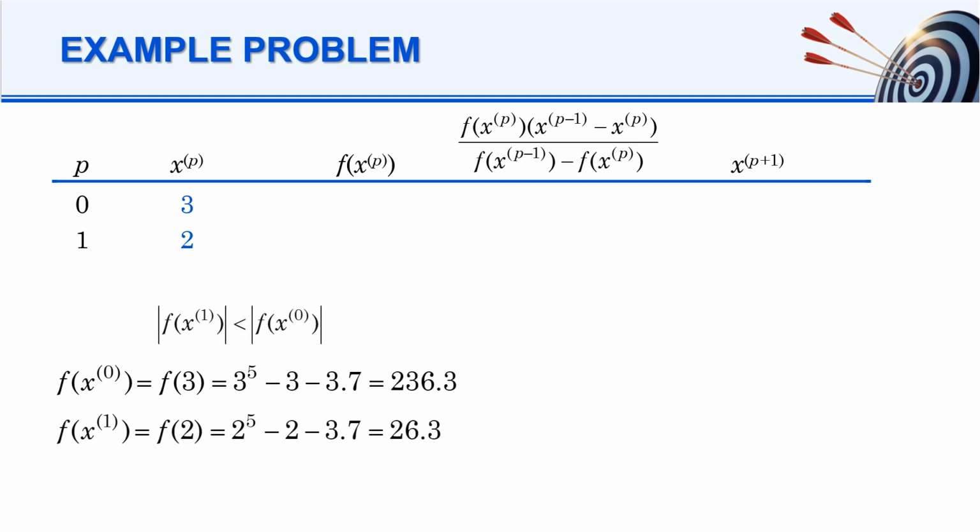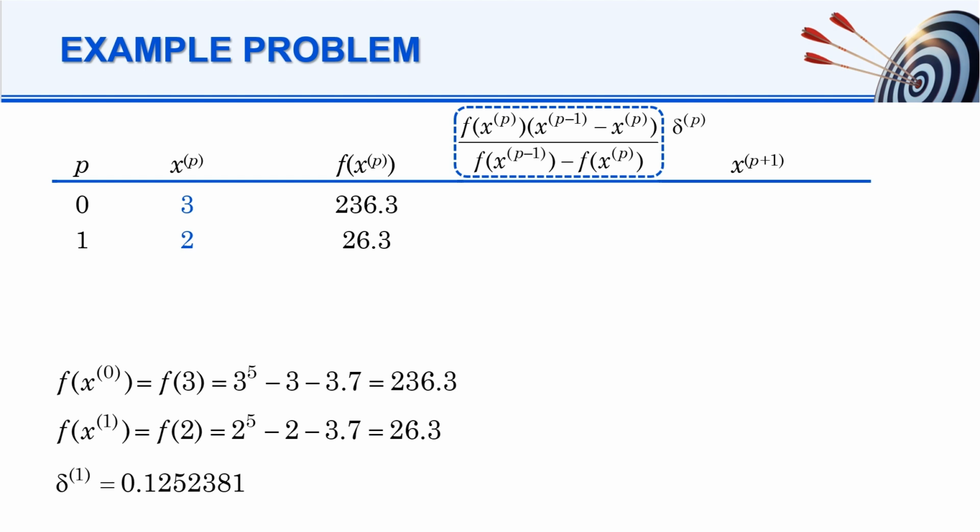We note that the magnitude of fx0 is greater than that of fx1. Hence, no swapping is necessary. So we record down these values. Then, we calculate delta, which is the ratio of fxp to f'xp. The absolute value of this quantity is also the absolute error between the last two estimates.